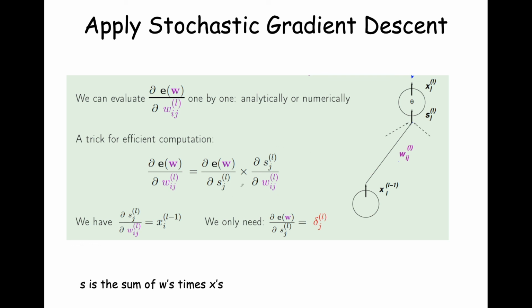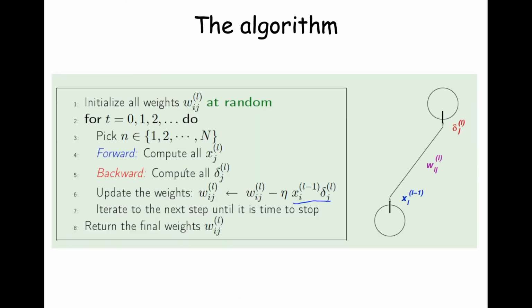This term is going to give us our delta, and this term is going to give us our x_i^(L-1). And so we just multiply these together, and we use our step size, negate it, and we're using this gradient along the step, along the gradient, as what we use to update our weight vector directly in proportion to the error contributed with respect to that particular weight. So that's where this expression comes from.